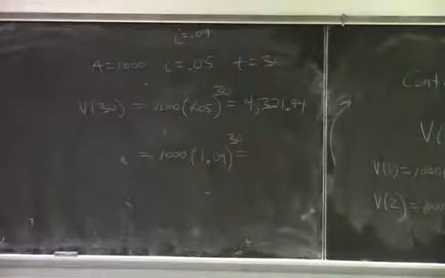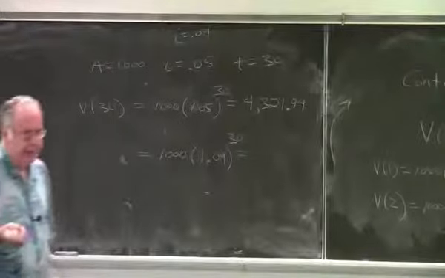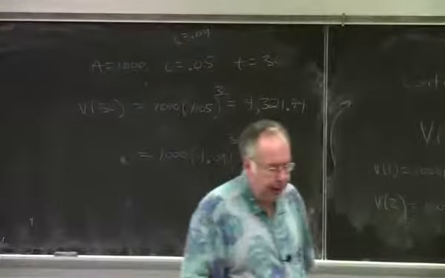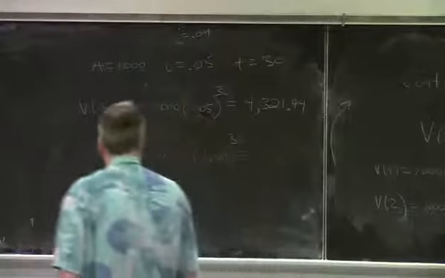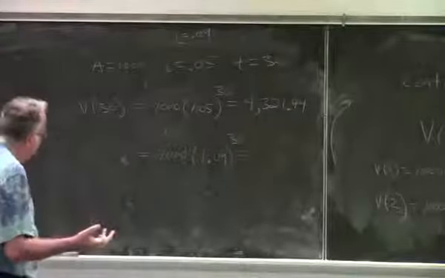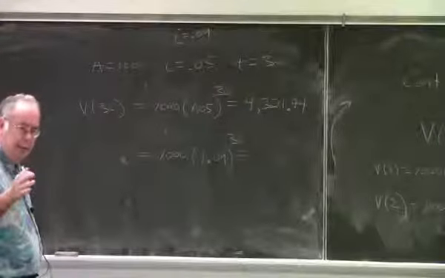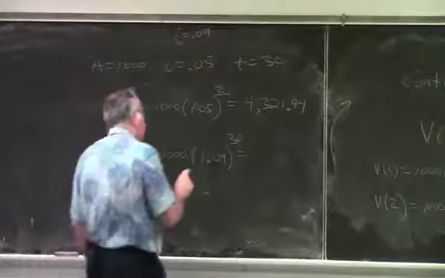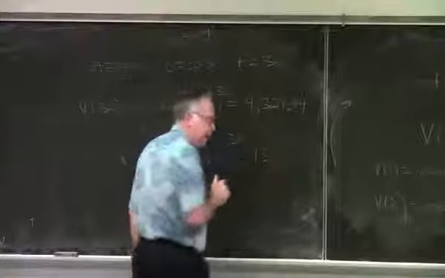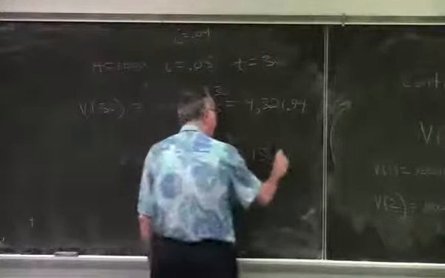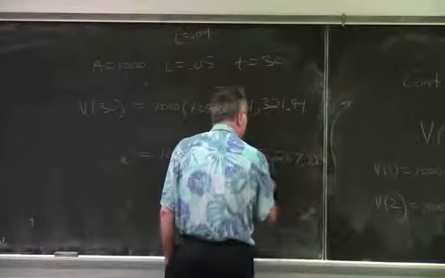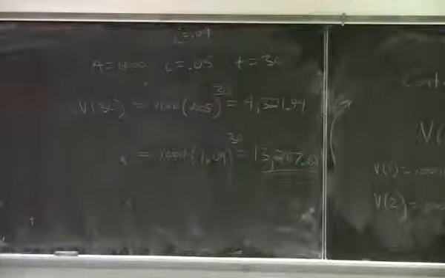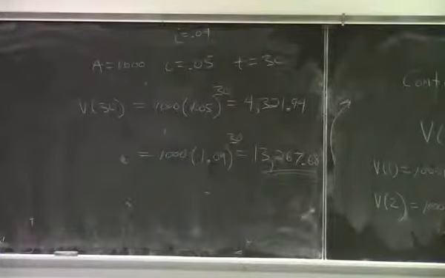What would that be, Sean? So you are going to need to have a calculator that will calculate exponential functions like this. Diana, do you have it? 1.09 to the 30th power, then just move the decimal over 3 times, and it would be what, Diana? Oh, look at that. Isn't that much better? 13,267.68. Very good. Wow. More than 13-fold after 30 years.